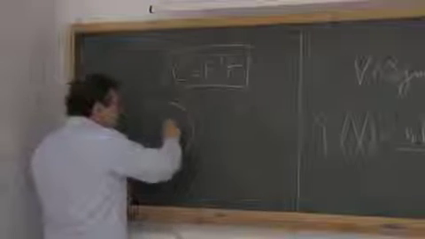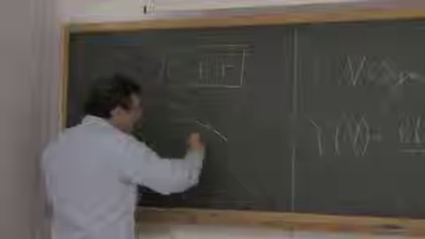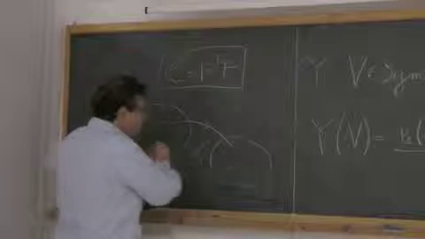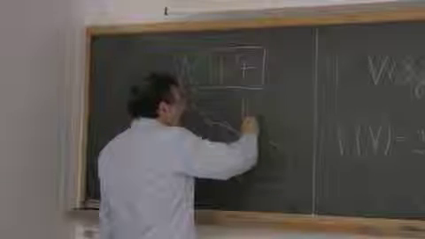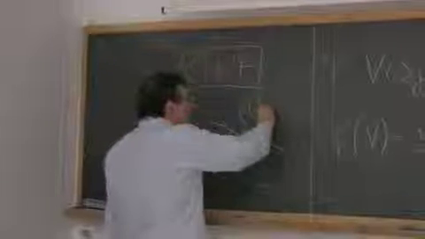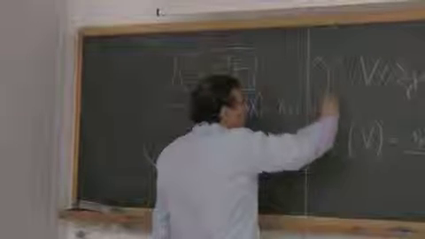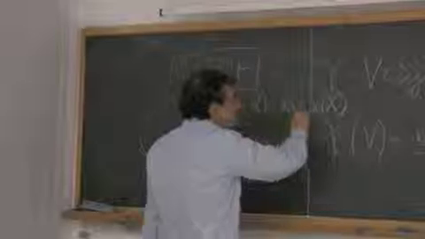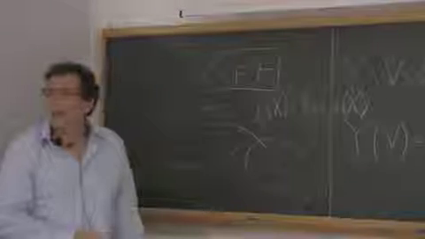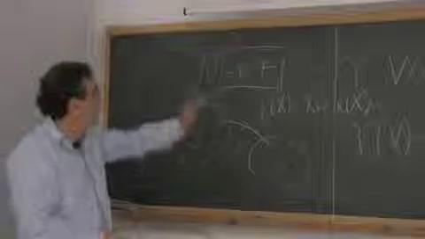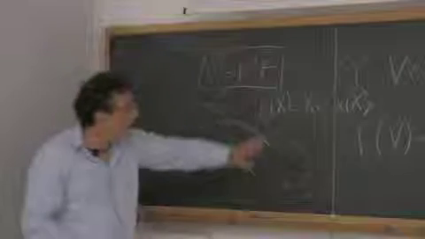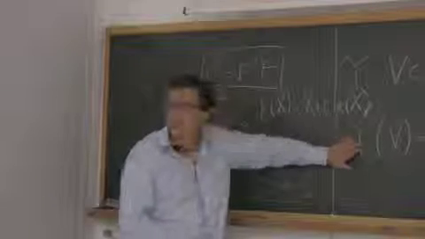So, let us imagine our map from reference configurations to actual configuration. We write k of capital X equal capital X plus epsilon u of capital X, where epsilon is a small number.